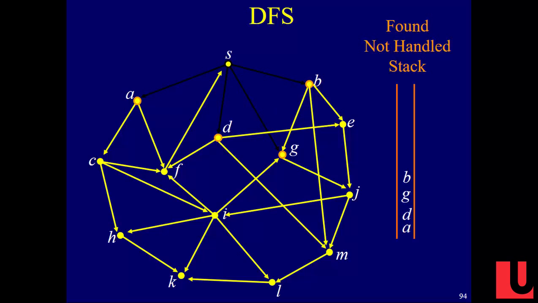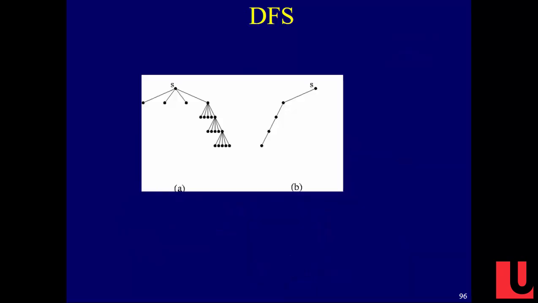We pop S out of the stack and push those guys on the stack, right? And then it's a stack, so what happens next? We pop B and we push B's neighbors, right? And then we pop E.